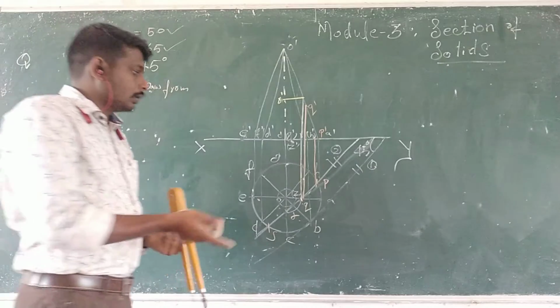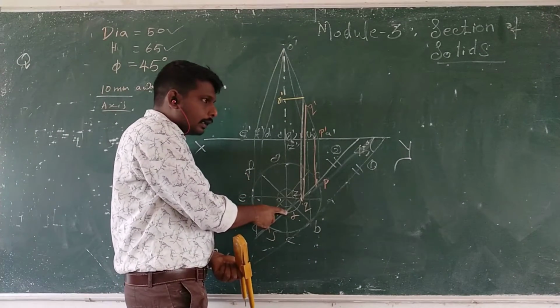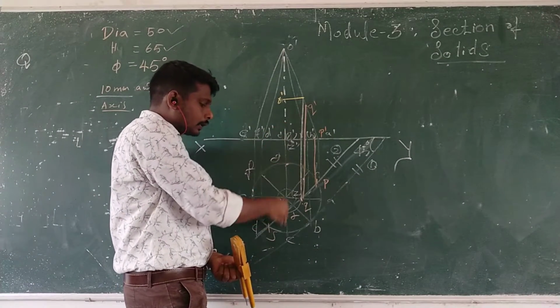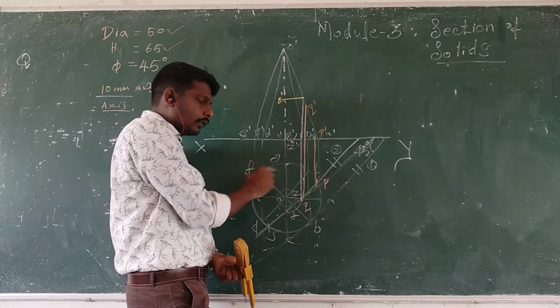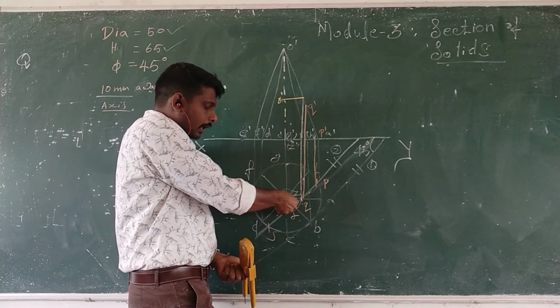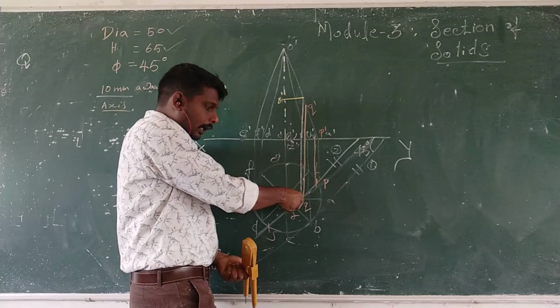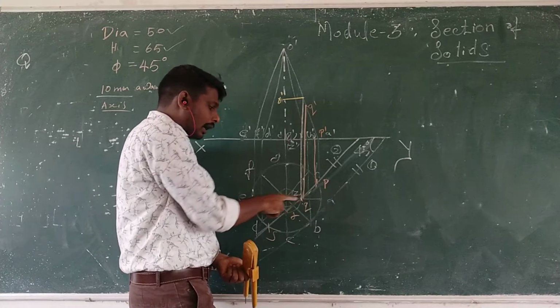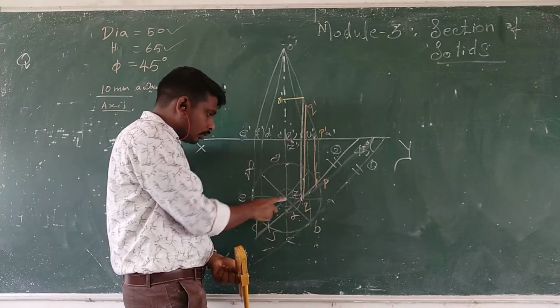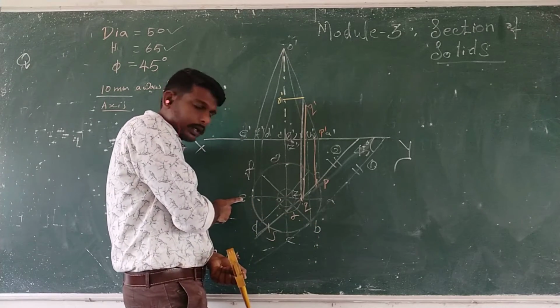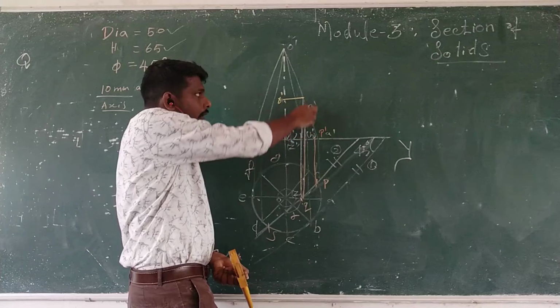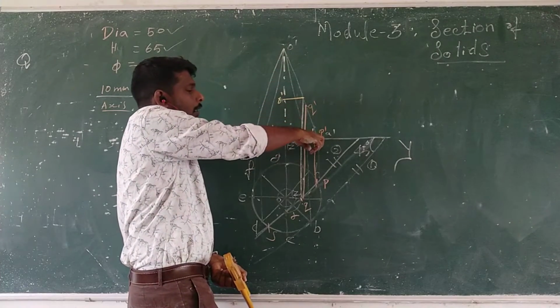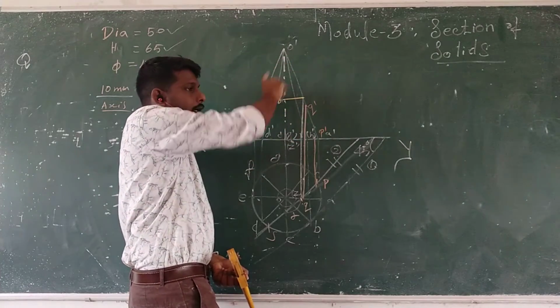I repeat, to find out the R in a line which is perpendicular to XY line or perpendicular to VP, we should project the line first of all to a line which is parallel to VP or parallel to XY line, that is A O, or we can project the same to O to E also. Okay. Then mark the point to the corresponding A dash O dash.